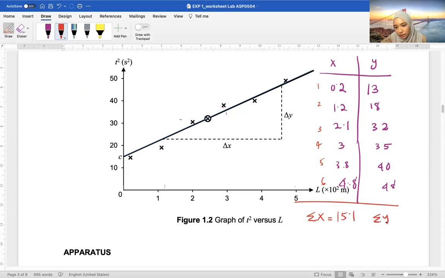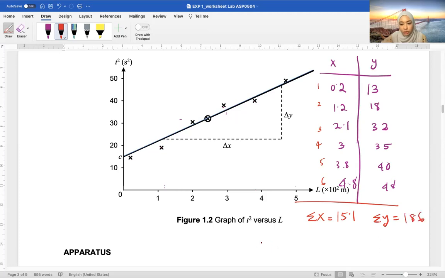What about y? So y you get this guy. 13, 18, 32, 35, 40, 48. 186. Kenapa saya selalu dapat salah? Oh salah betul. Saya salah. Okay. 186.